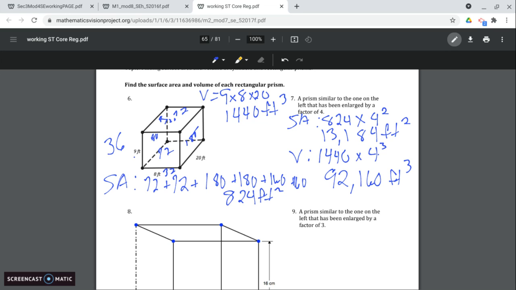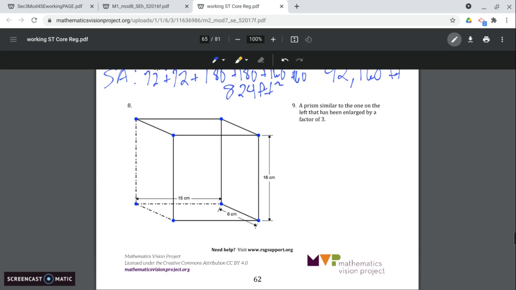So that is how you find those. So it's enlarged. This one's also going to be enlarged, factor of 3. So that means you'll be multiplying by 3 squared and 3 cubed once you find your values for 8.